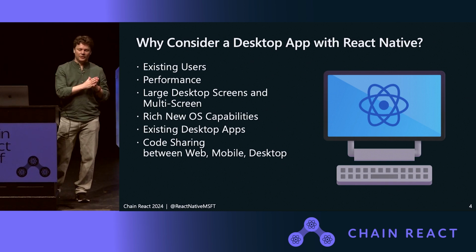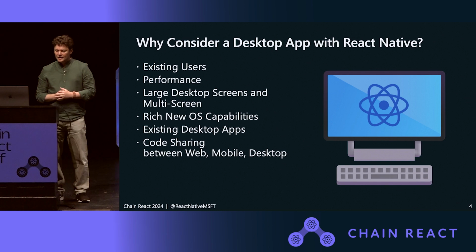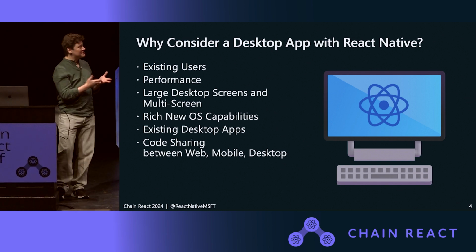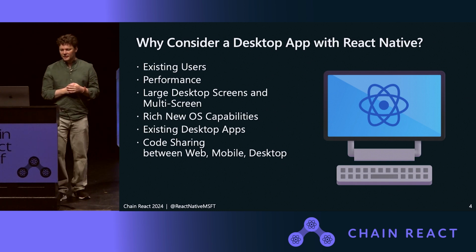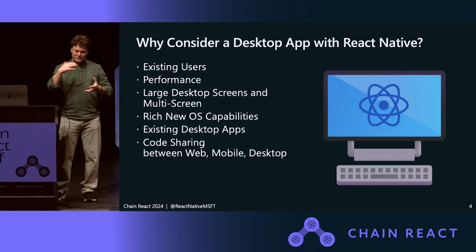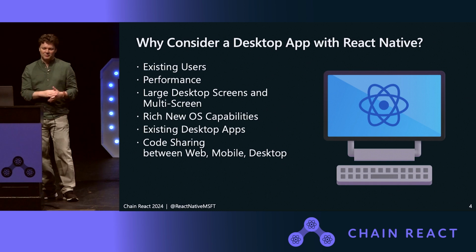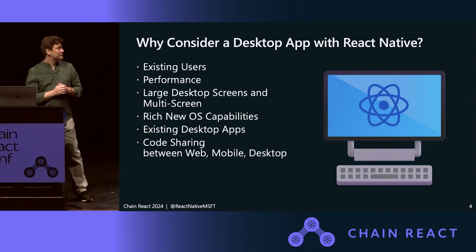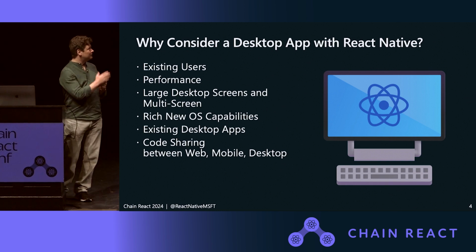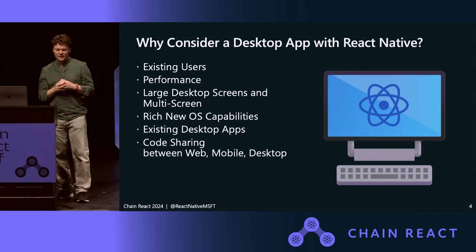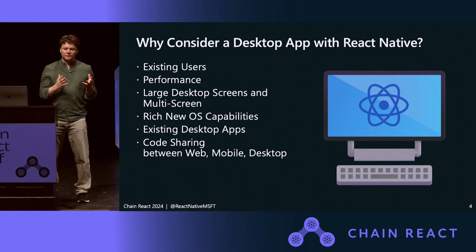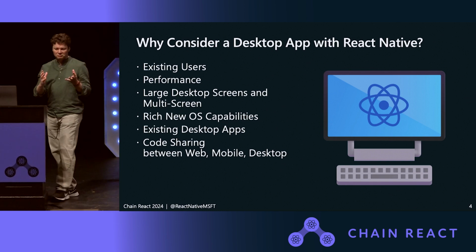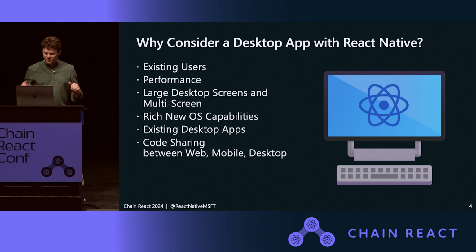You don't have to wait until the web ecosystem picks it up. And there are existing desktop apps, if you're working on some, and you can insert React Native into them and make them shine, make them modern. And finally, one of the cool things about the React Native ecosystem is that you can do a lot of code sharing between the web, the mobile, and the desktop. Especially application logic code, you can share.